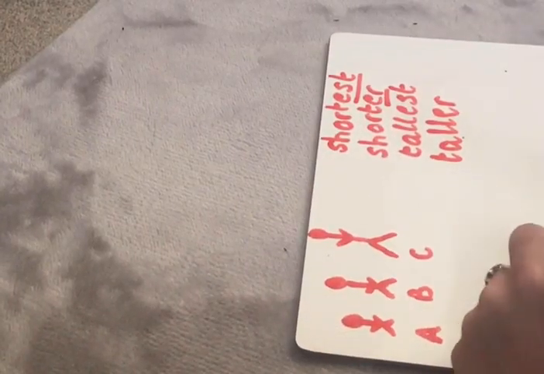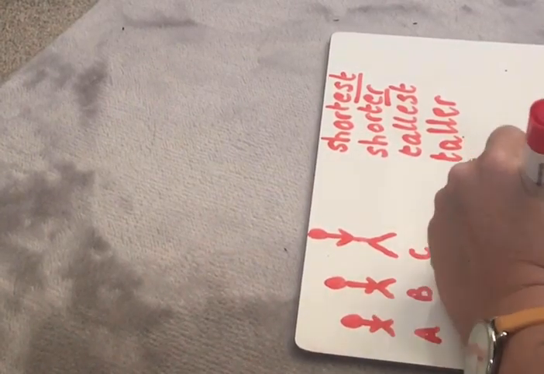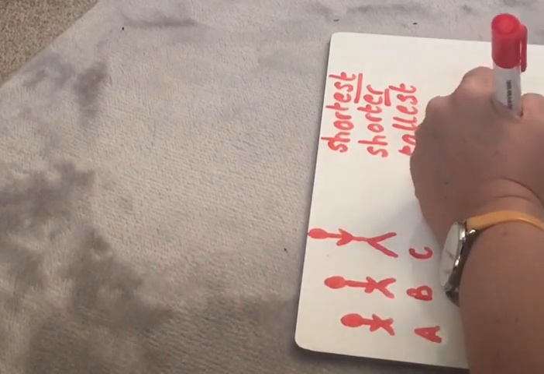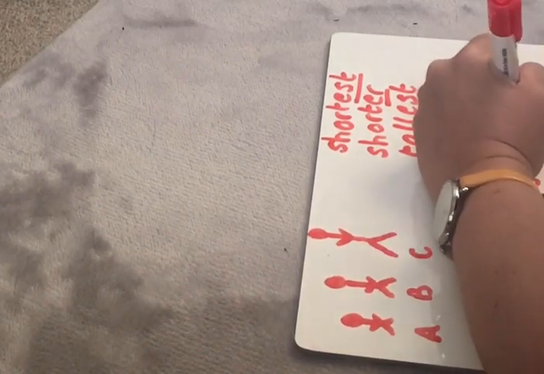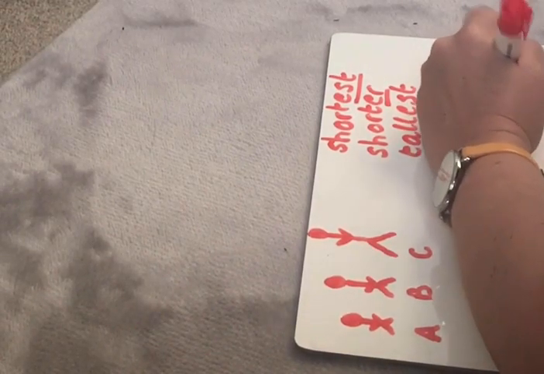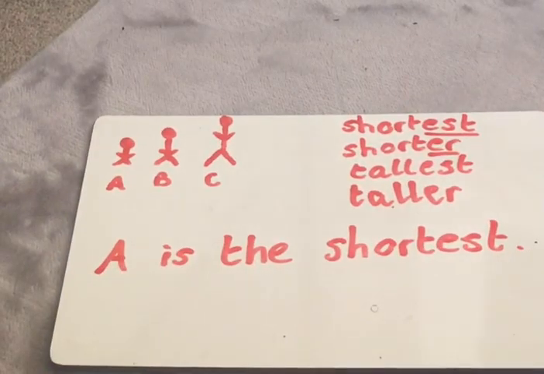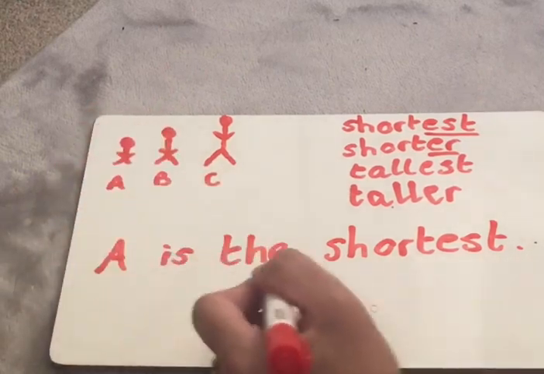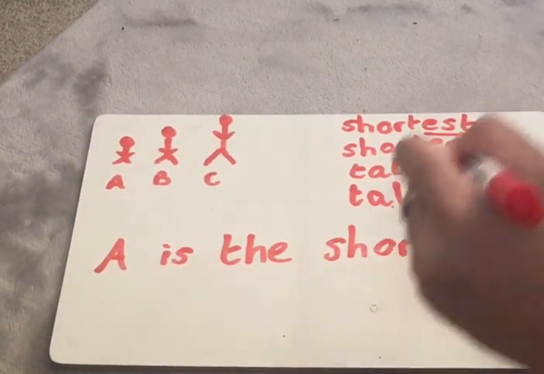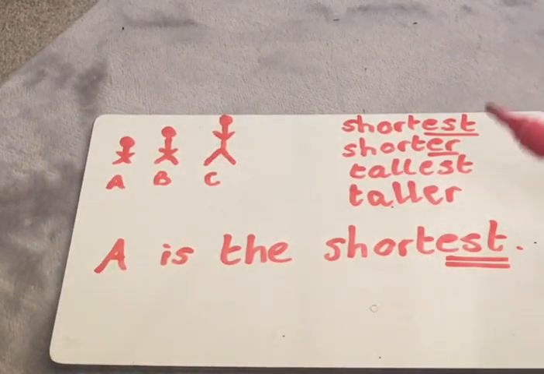So, first one for you is, okay, can we see it there? Yep. Okay, so A is the shortest. This suffix est means that it's the most or the least.